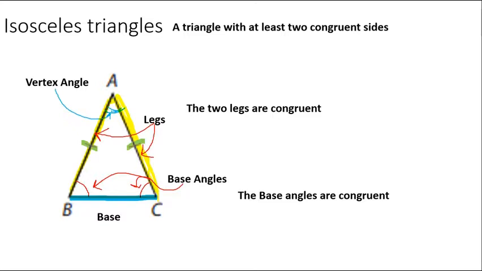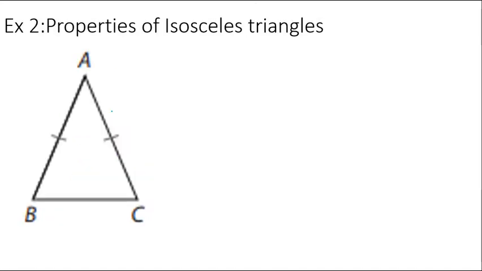Okay, so now let's go into a few examples using isosceles triangles. So example 2, properties of isosceles triangles. Here they tell you, given that AC is 5 feet, what is the length of AB?